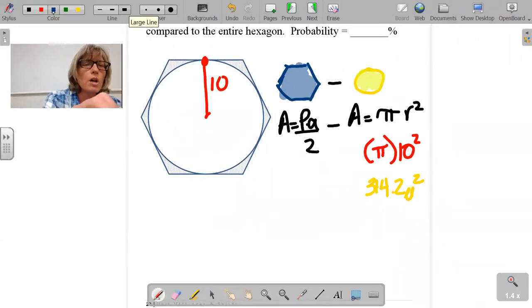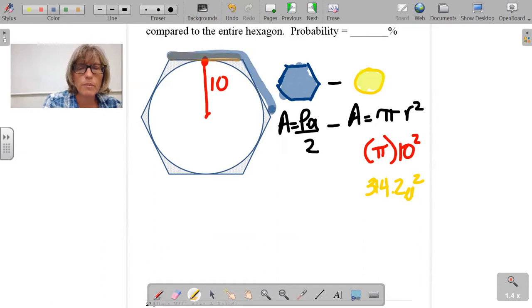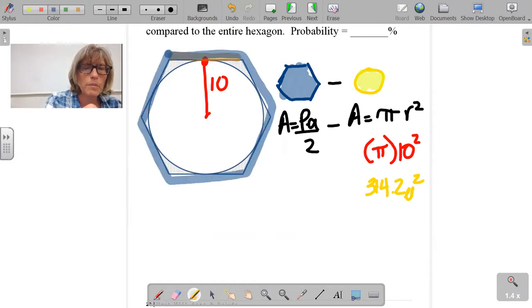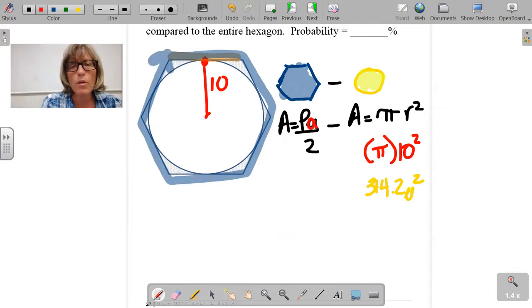Now, coming to the hexagon, we need the perimeter. Problem is, we don't have the perimeter. That's our unknown, but we do have our apothem. Our apothem is 10. We need our perimeter.